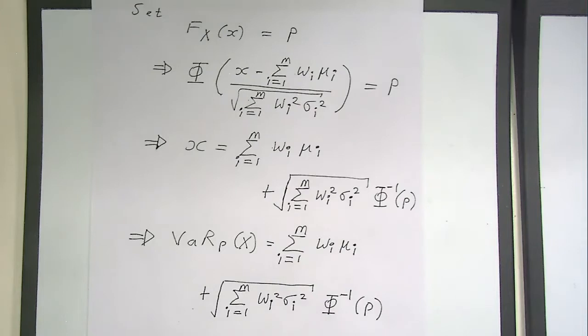So the value at risk of the total portfolio loss is given by this formula. Are there any questions so far? You guys okay? All right.